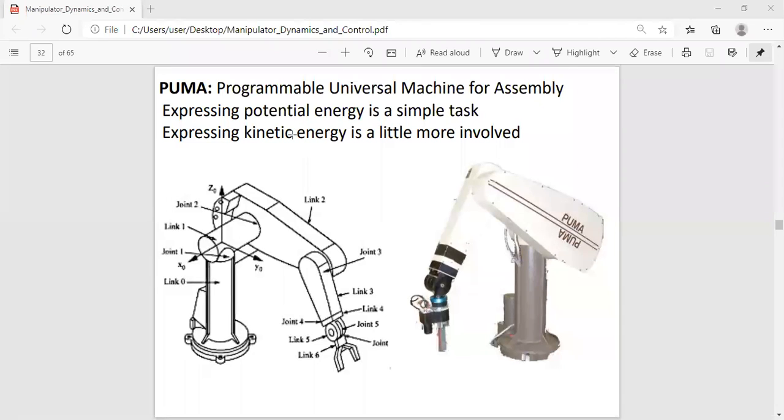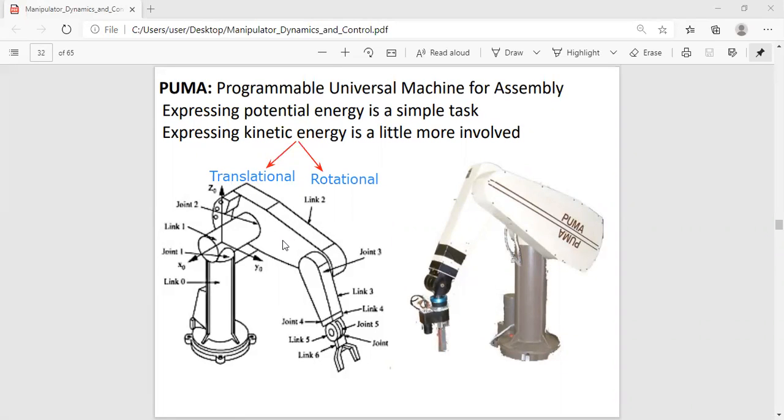So my kinetic energy will be converted into two things: we have translational, and then we have rotational. Kinetic energy basically has two components, translational and rotational.